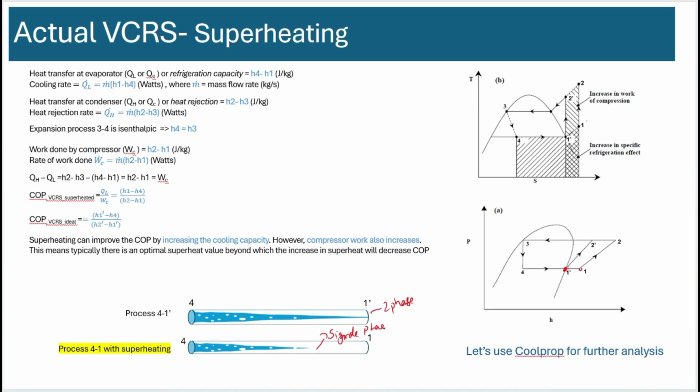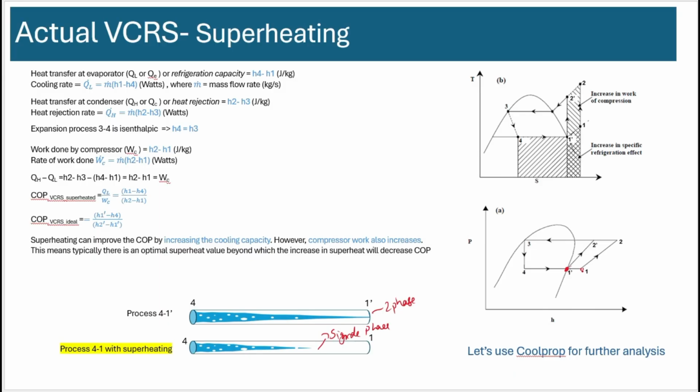Okay, and once it's single phase, its temperature will not be constant anymore. So when you're here, basically you are at a different temperature than when you're over here. So if you remember how the isothermal lines behave on a PH diagram, if you have a PH diagram like this, the isothermal lines follow some path like this, right?